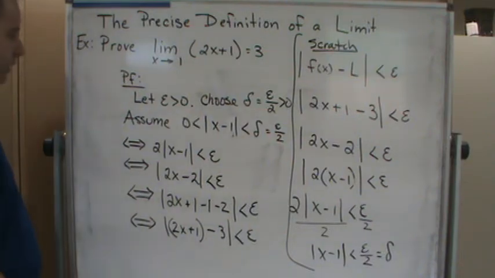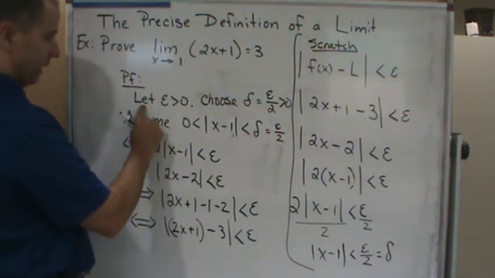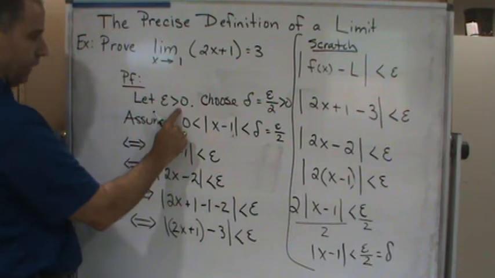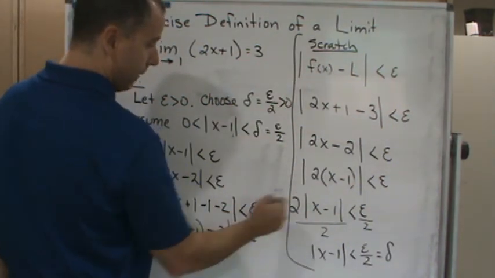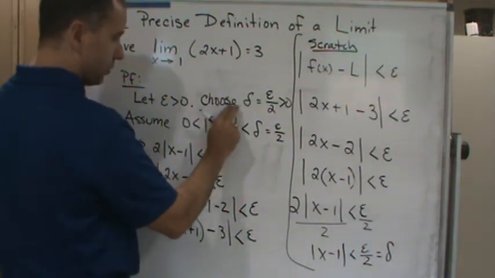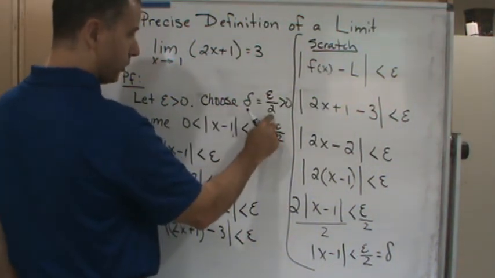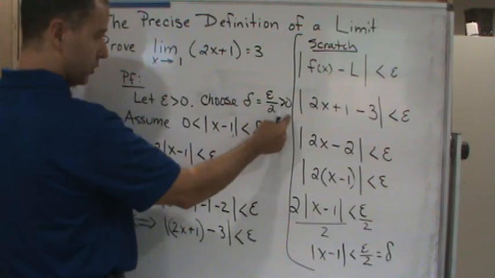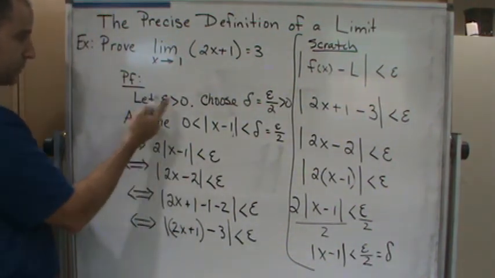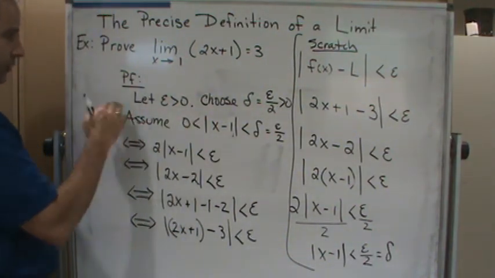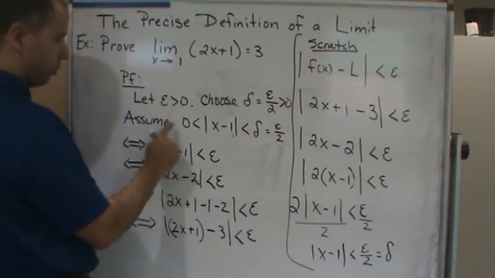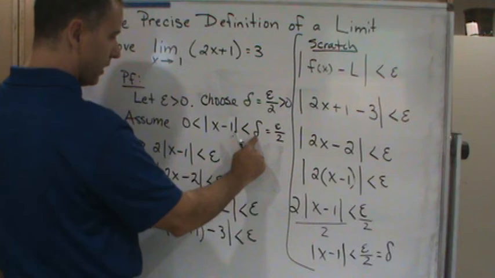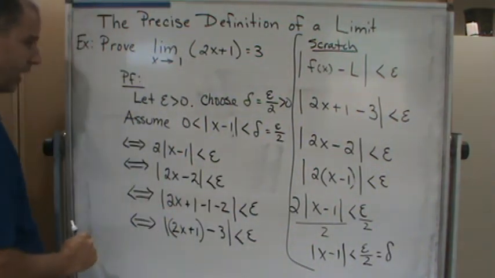Because what I just showed is let epsilon be greater than 0. Through my scratch work, I found what my delta needs to be, so I chose delta to be epsilon over 2, so half of epsilon, which is also greater than 0, because epsilon is greater than 0. So I've got this first part, now the conditional. Now it says, hey, if I assume this is less than delta, which is equal to epsilon over 2, well, guess what?